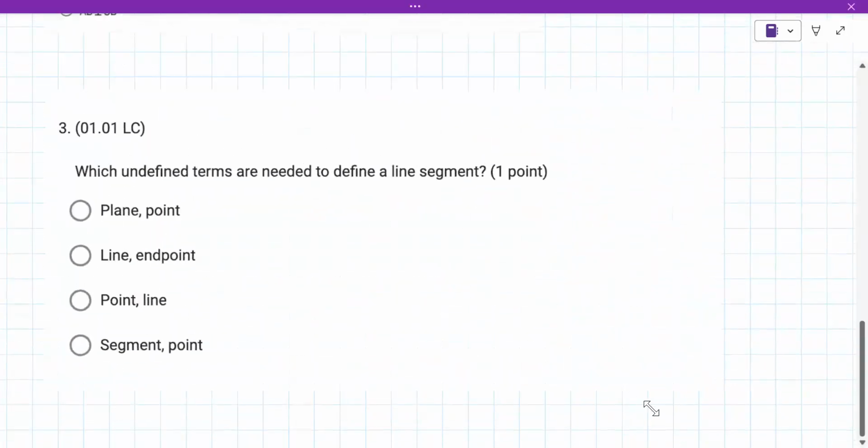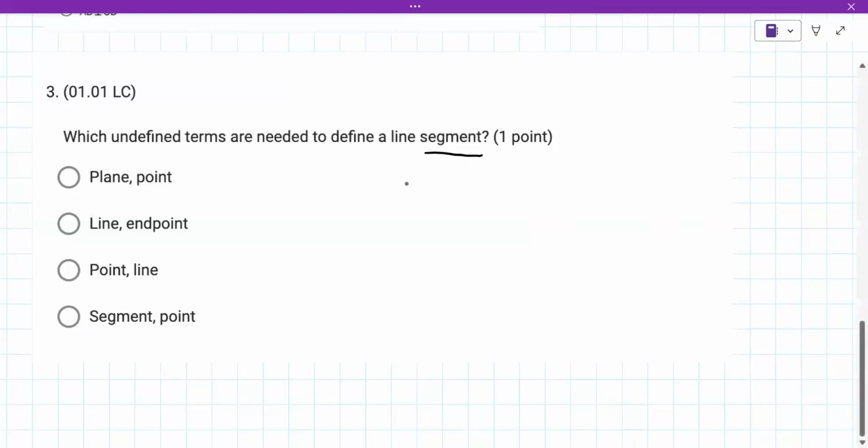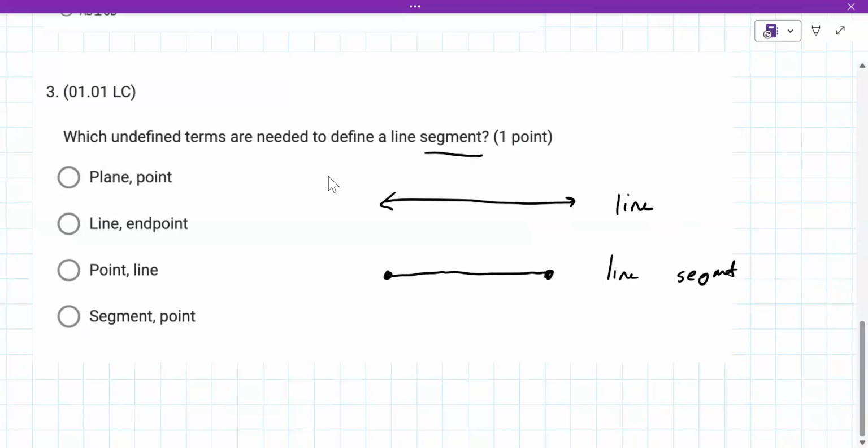All right. Which undefined terms are needed to define a line segment? Okay, so a segment, this is the key difference in this course. This is a line. A line goes on forever. A line segment, and that's what most people mean when they say a line, is fixed on both ends.